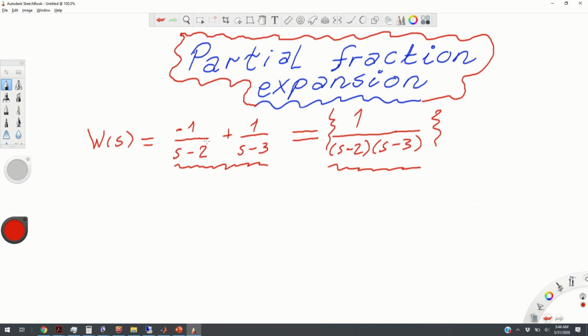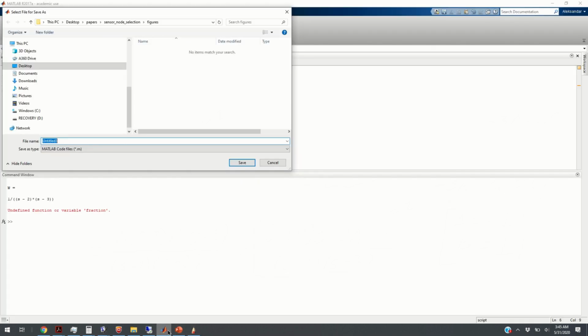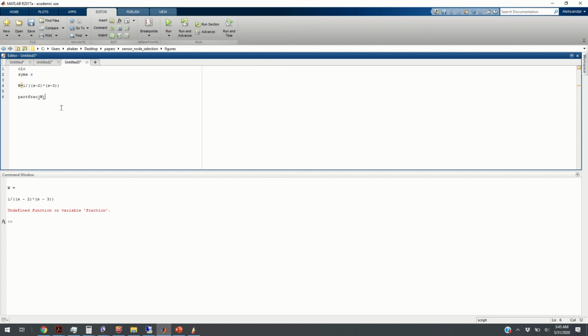Now, let us use Matlab to verify this approach. So here's the Matlab code used to compute the partial fraction expansion. Here I define a symbolic variable s.